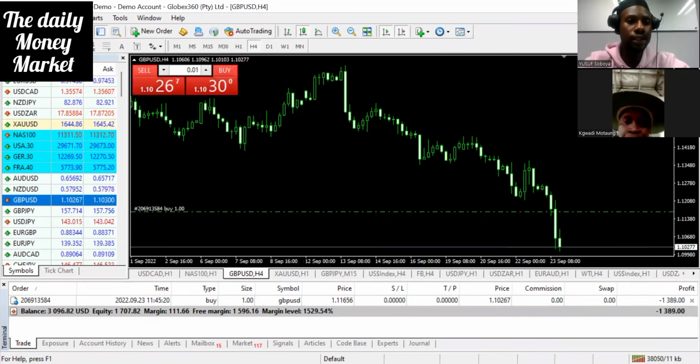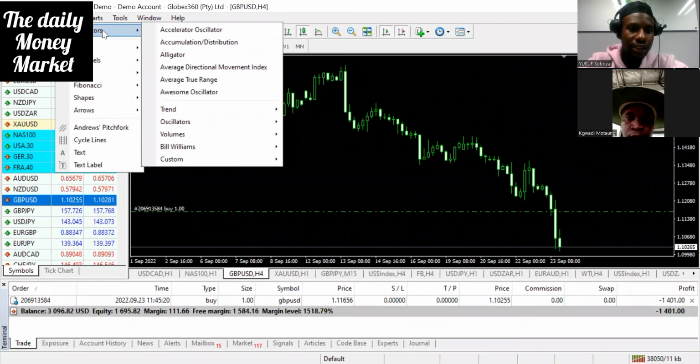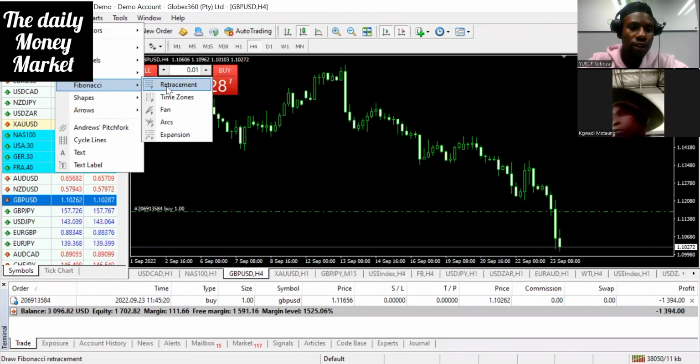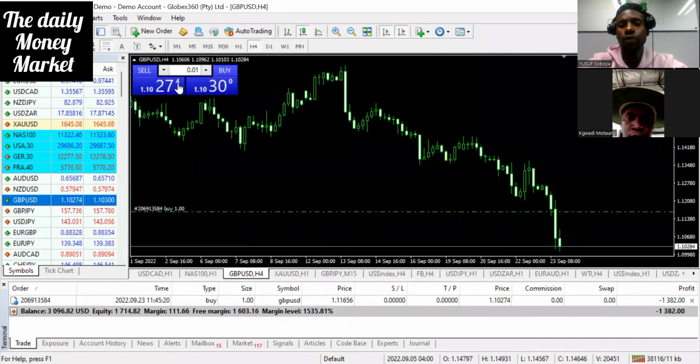So we go on Insert, then Indicator, Fibonacci. You can see here's Fibonacci expansion, here's Fibonacci retracement. So click on the Fibonacci retracement.